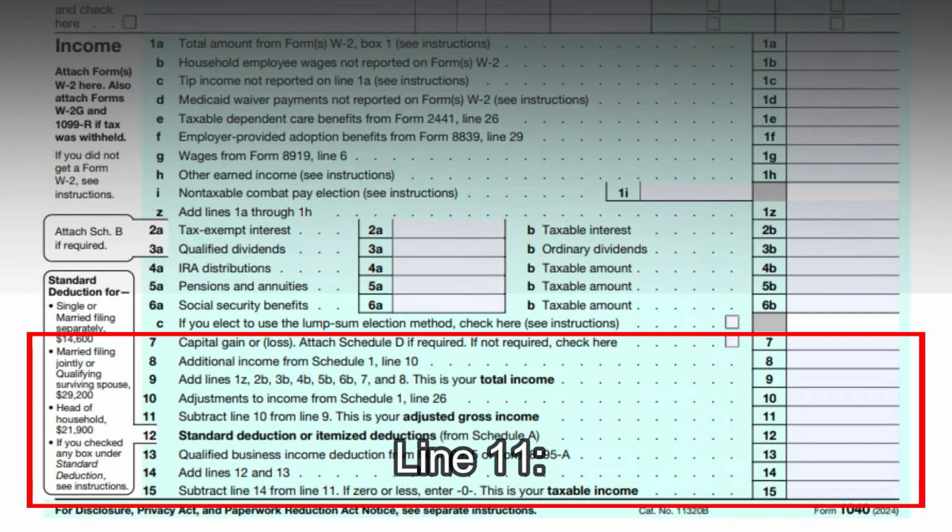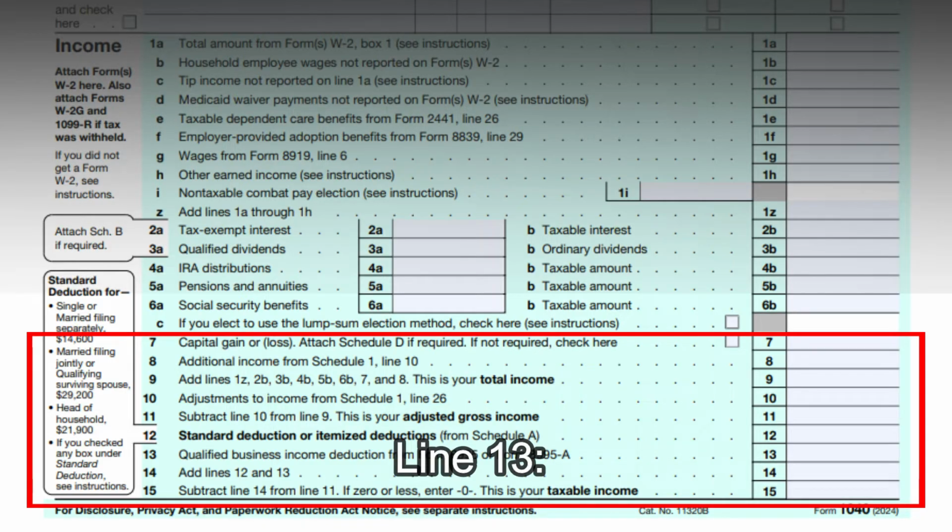Line 11. Your adjusted gross income, AGI, is an important number on your tax return because it represents your total income after applying certain adjustments. Deductions. Line 12. You'll choose between taking the standard deduction or itemizing deductions from Schedule A. Line 13.